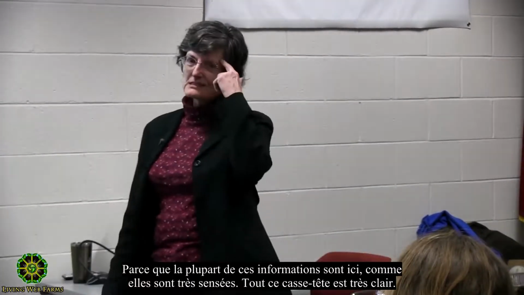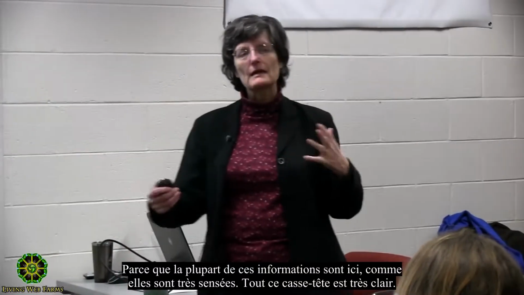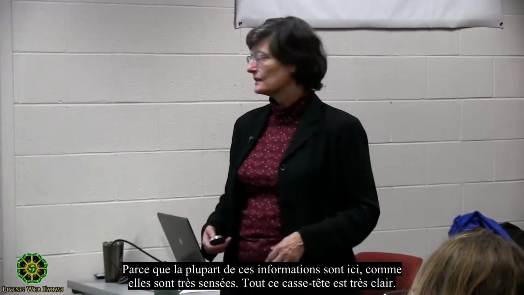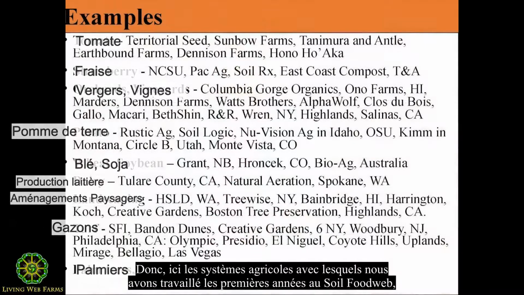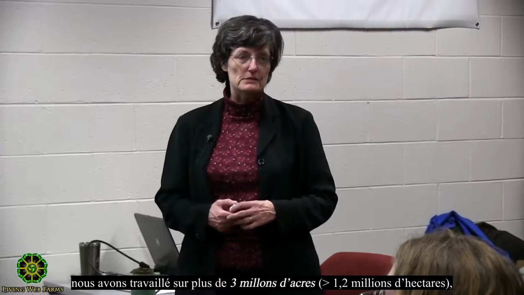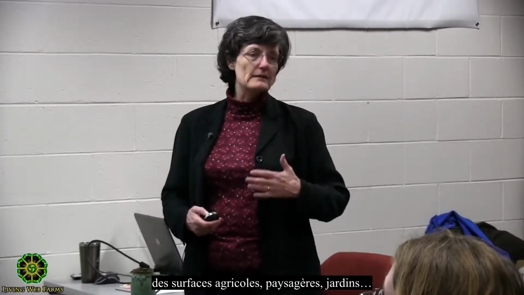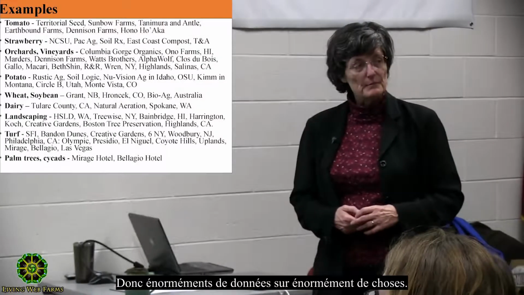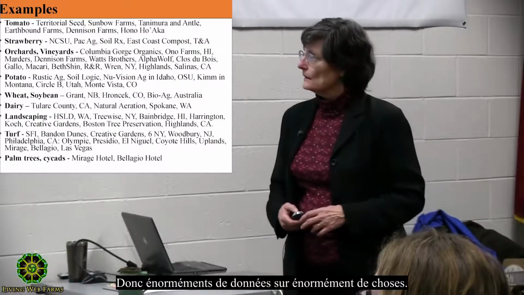Because most of this data sits right there, because it makes a lot of sense. The overwhelming framework is very clear. So agricultural systems that we worked with in the first couple of years at Soil Food Web, we work with over 3 million acres of agriculture, landscape, gardens, so lots of data about lots of things.